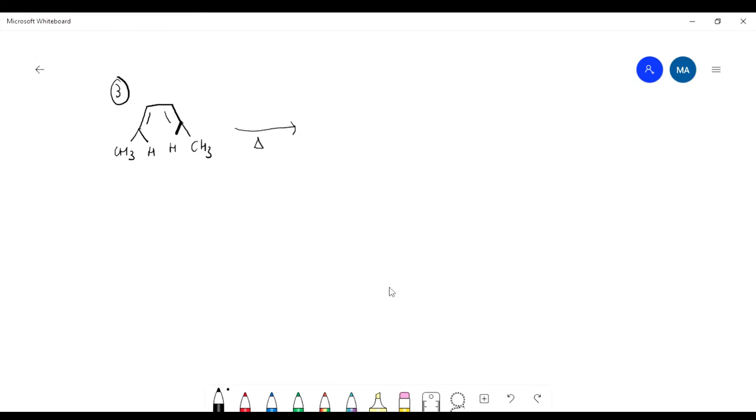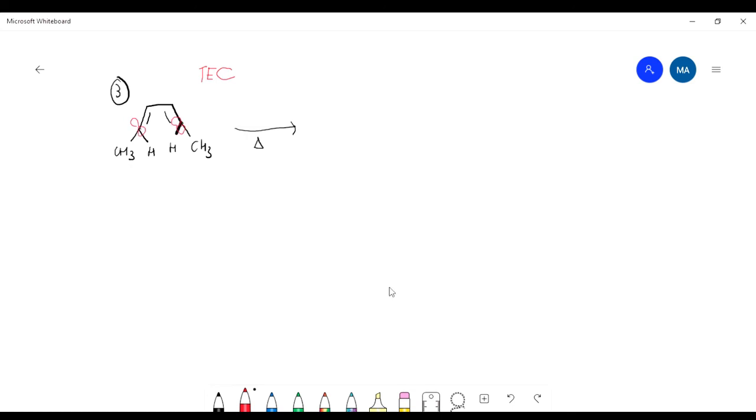Okay, for question number 3, the only difference between question number 3 and number 2 is the position of this methyl group. So in this case, it is still a thermal reaction and it has an even number of pi bonds, so it will undergo conrotatory. So first we need to draw the p orbital.